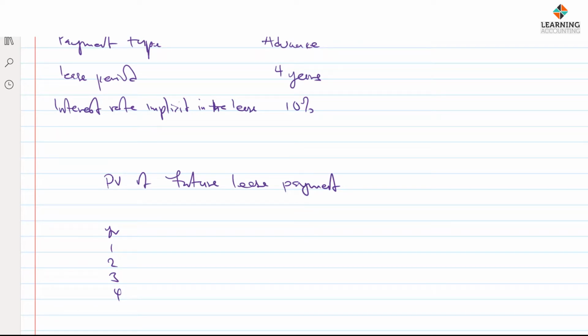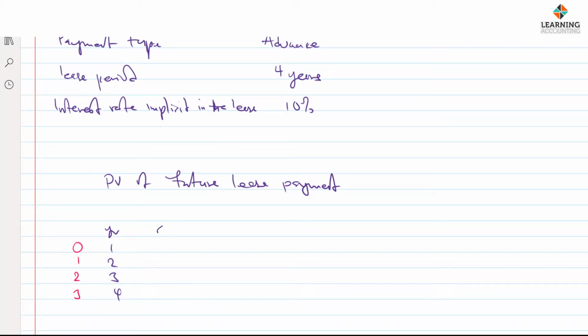But when it was in arrears, year 1 was year 1. Now that we have it in advance, year 1 will be year 0 because we are paying immediately, and then we have 1, 2, and 3. So time value of money again is the reason for using these numbers.